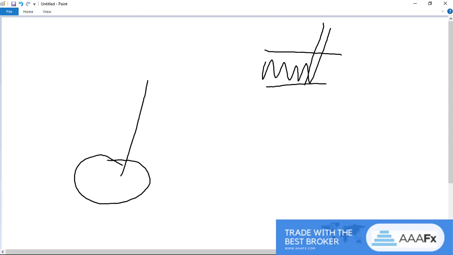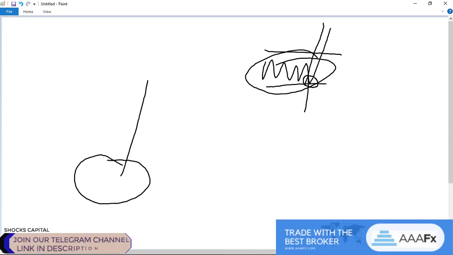When you go to that consolidation area just before the explosive move, you are going to find some candles, or opposite candles, that suggest that price was going the opposite direction. What do I mean by that? Let's say you have something like this.